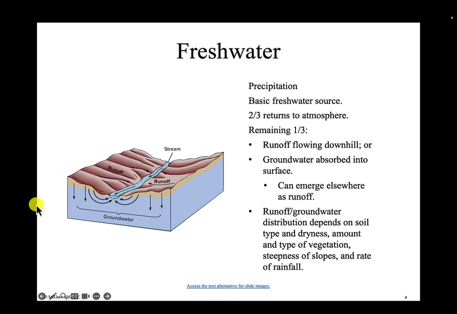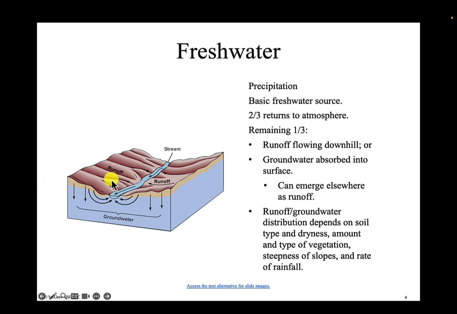Then we also have the groundwater. The groundwater is the water that soaks into the ground, and to go into the ground that water has to move through sediments, and we're going to talk about the groundwater as well in my next slide.